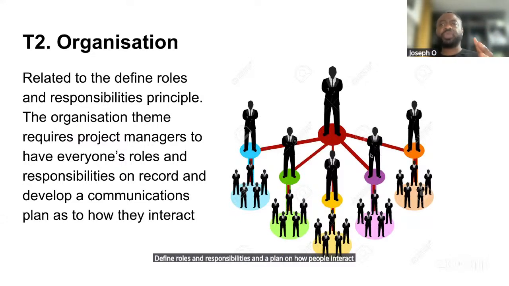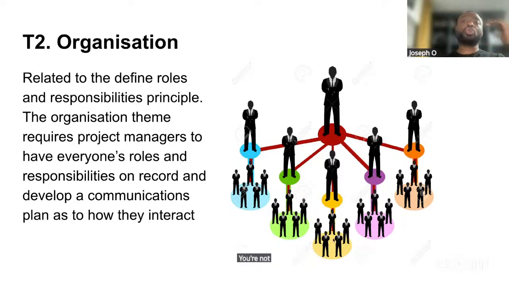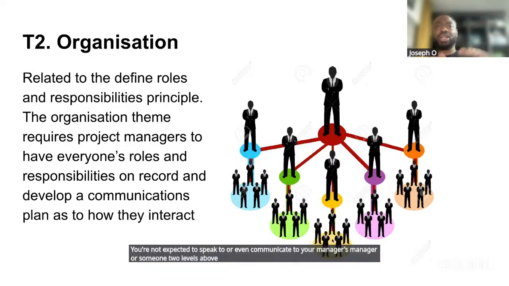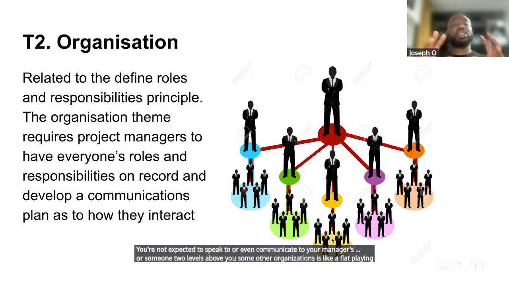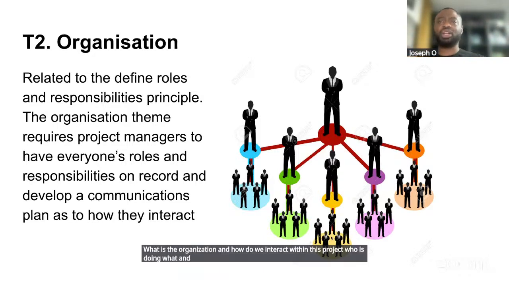In some organizations, you're not expected to communicate with your manager's manager, someone two levels above you. Other organizations are a flat playing field. It all depends. Within the project environment, the project manager has to determine how we interact within this project, who is doing what, and how the reporting lines are structured.